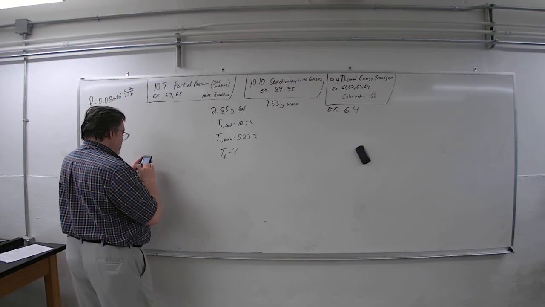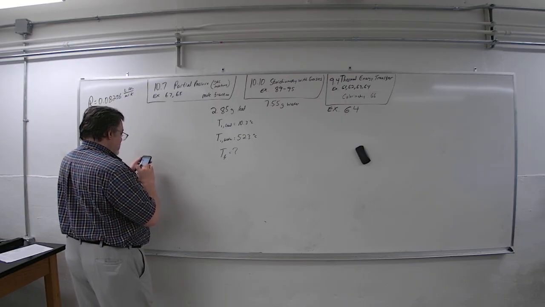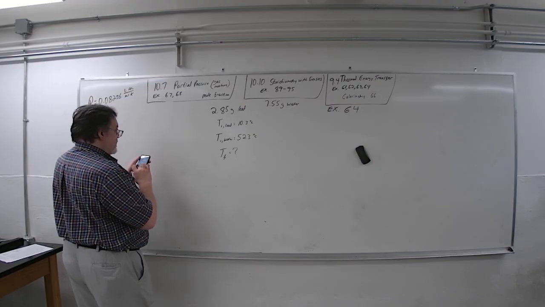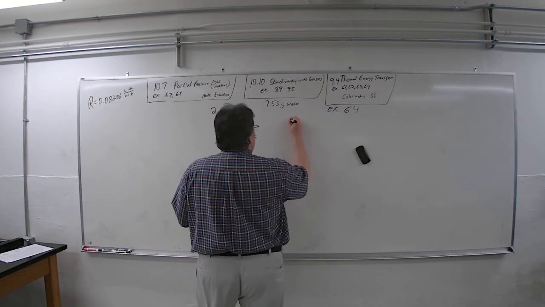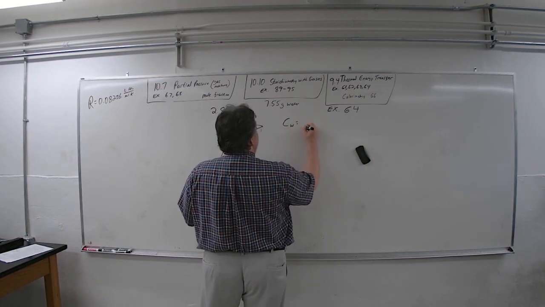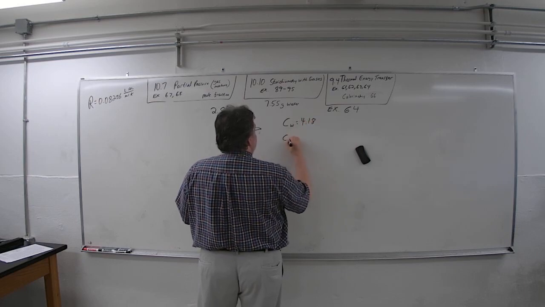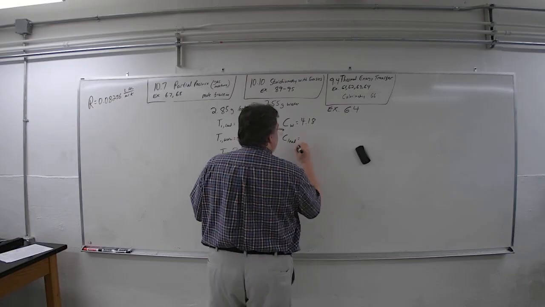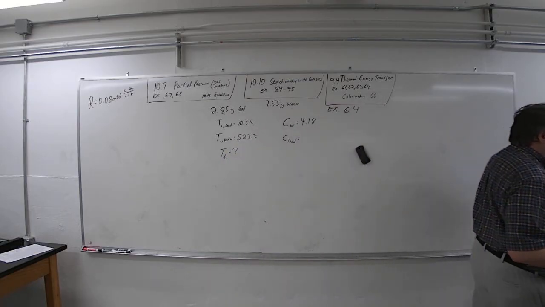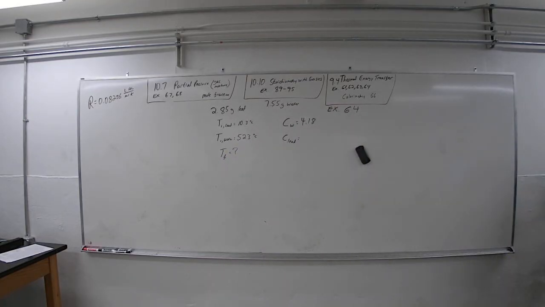Okay, C for water is 4.18. C for lead is 0.128.